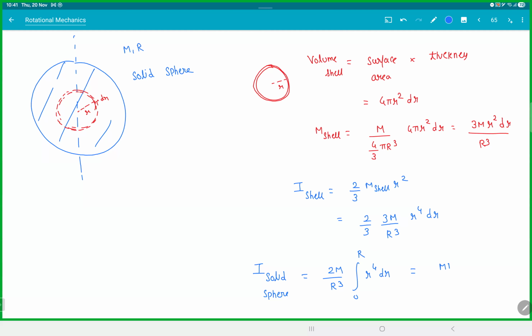That would be 2 by 5 mr square. Clear how we did this? You could have taken disks also. That would work. But I use shells because I already know shells.